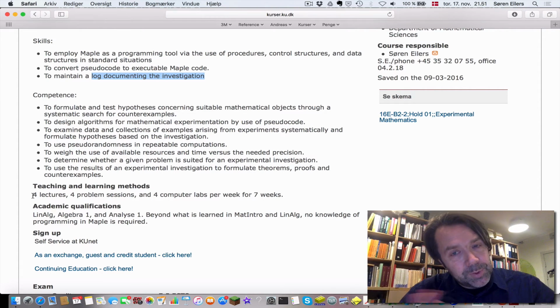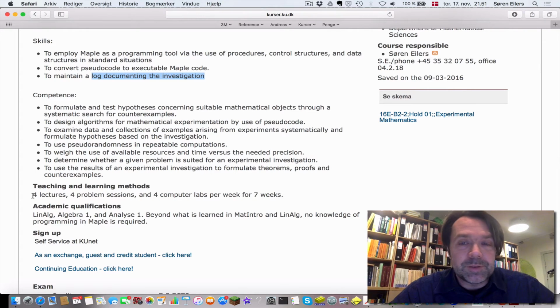We'll just do a quick introduction and then we'll let you start writing programs, because that's the way you learn it. Of course you will run into problems, there will be frustrations along the way, and then you can very easily get help at the computer labs with making the program work, making Maple understand what you want it to do, and so on.